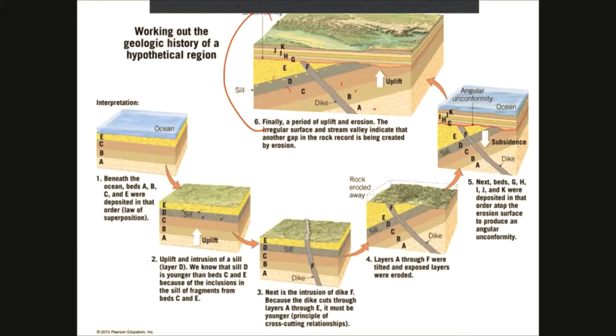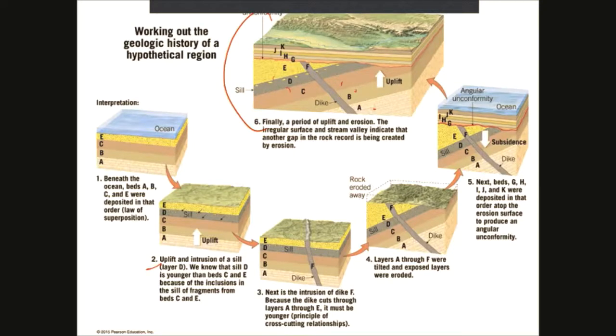So the principle of inclusions tells us the host rock is younger. Because D is hosting inclusions of E and C, D must be younger than them. That's why E formed after C. How is that possible? Well, D is an igneous rock. It's a sill, so molten rock intruded in between E and C, as we see in step 2.